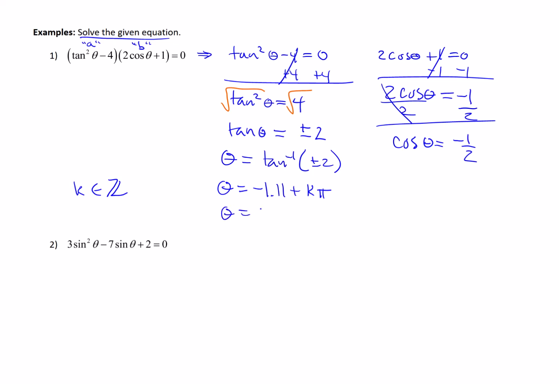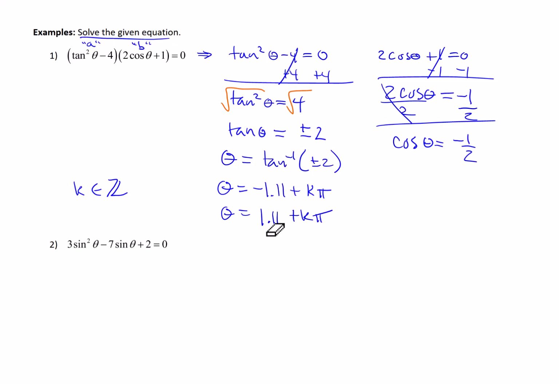So I could also say +1.11 plus k pi for the same reason, where the calculator had originally given us the negative and positive version of this when doing the tangent inverse, as we saw. So really, we have two possibilities to represent the infinite number of solutions we're getting from this first factor equal to 0.